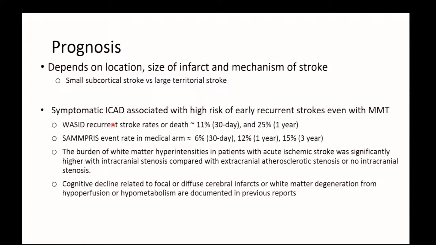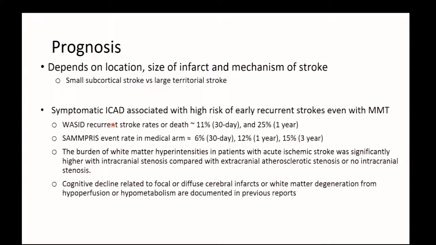With all other etiologies, extracranial atherosclerosis, AFib, your cumulative risk goes higher year by year. ICAD is the opposite. With ICAD, your risk is highest in the first few days after having a stroke.